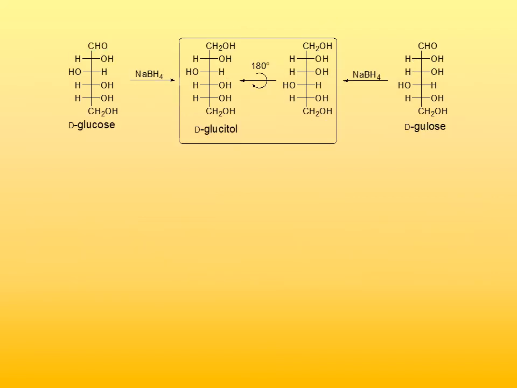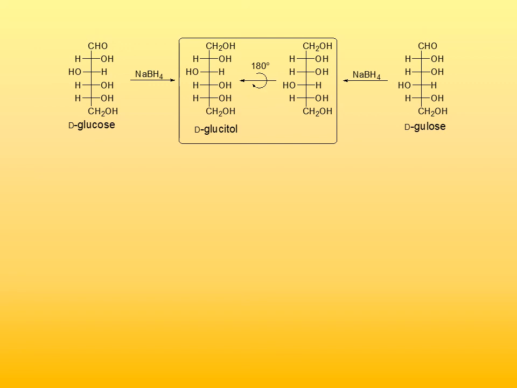In addition, reactions of different monosaccharides may produce the same alditol. So, for example, reduction of glucose or gulose will produce the same alditol, glucitol. We know it is the same because the new product in Fischer projection is the same in both cases.